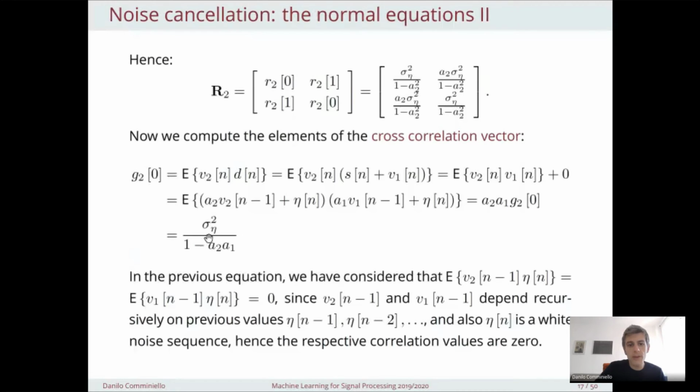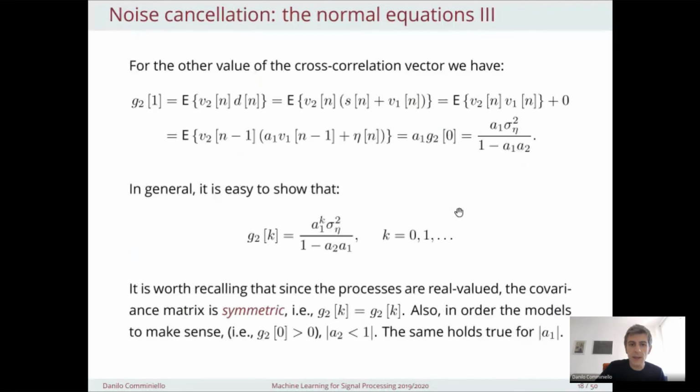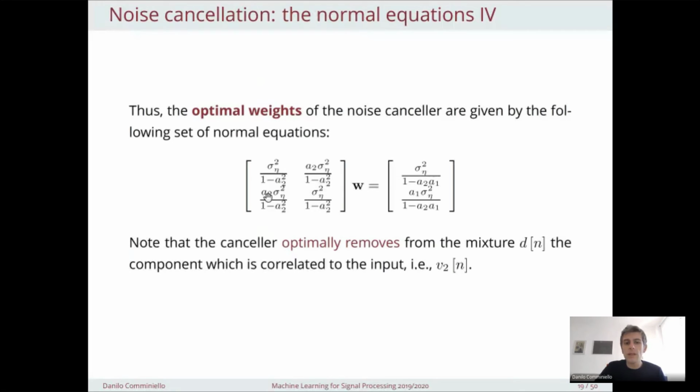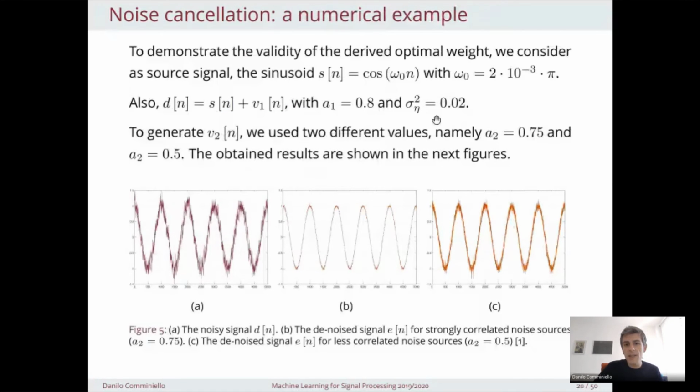You compute the first element and the second element, and they are both based on the variance of the noise. Then you just solve the normal equation, having the autocorrelation matrix and the cross correlation vector, so you can derive the vector of your parameters. Here is the text and the problems that we will see tomorrow.